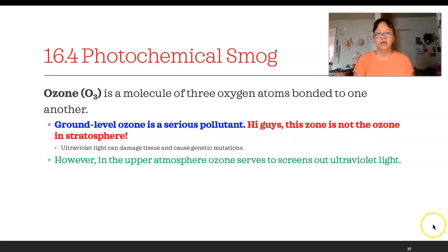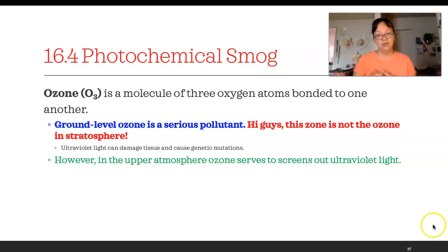Ozone, O3, is a molecule of three oxygen atoms bonded to one another. The ground level ozone is a serious pollutant. It's very oxidative, very reactive. It reacts with our body, with our lungs, with our respiratory system. That is very irritating and very harmful.